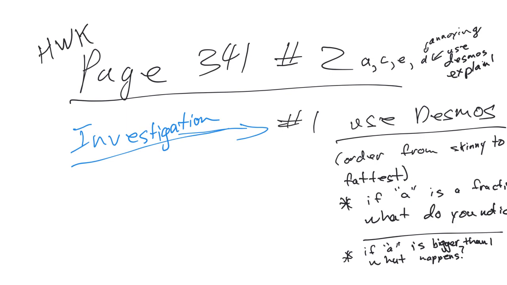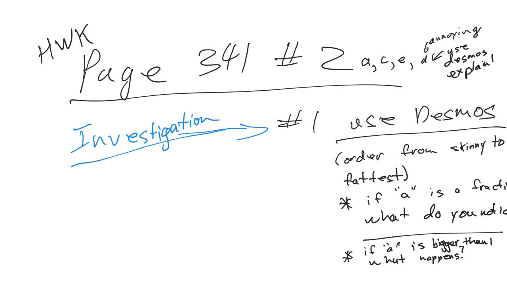I want you to use Desmos, and I want you to explain what the heck is going on. Explain in your own words. After you've done your math, why doesn't the math jive? And then why does your graph look the way it does? And can you make a correlation between the fact that it doesn't jive and what you see on the graph?